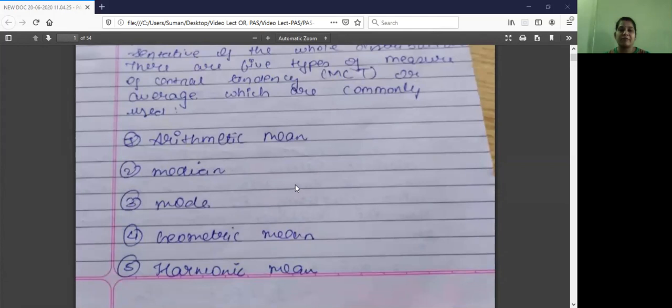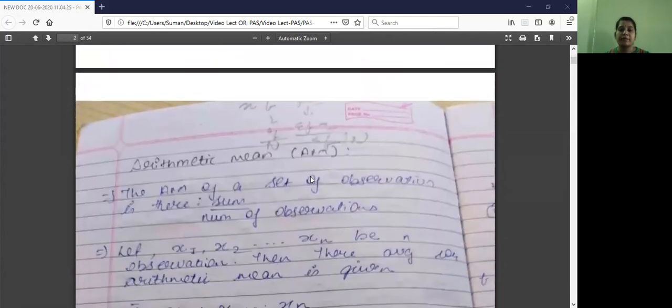We have five types, but in our syllabus we have only three: arithmetic mean, median, and mode.